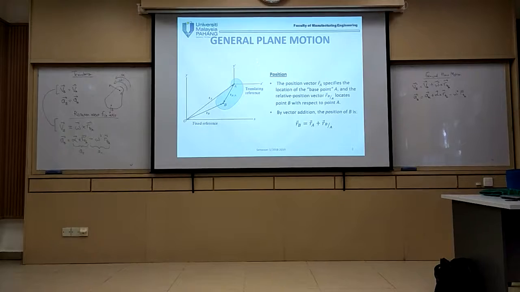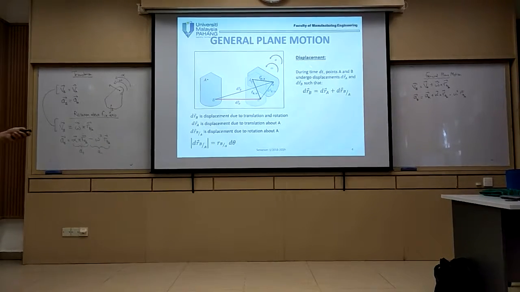Okay, so this is how to define the position. The position of B is basically the position vector of A plus the position vector of B from A, with reference to the fixed reference. Okay, so you can see this is the position vector, and then displacement is also the same.